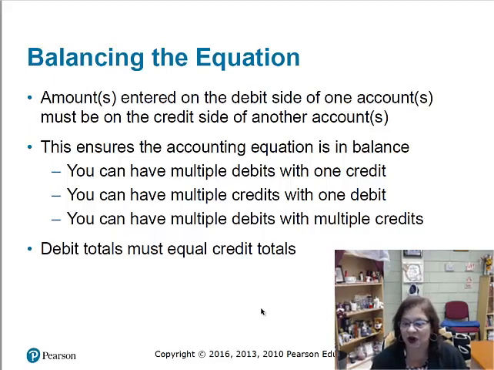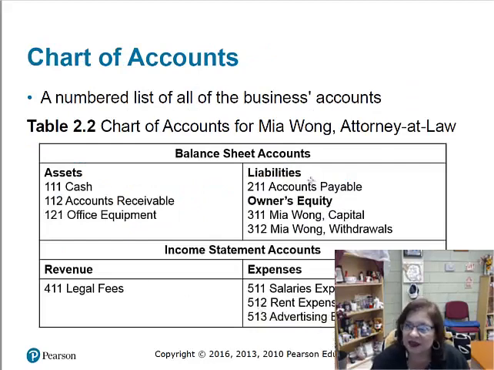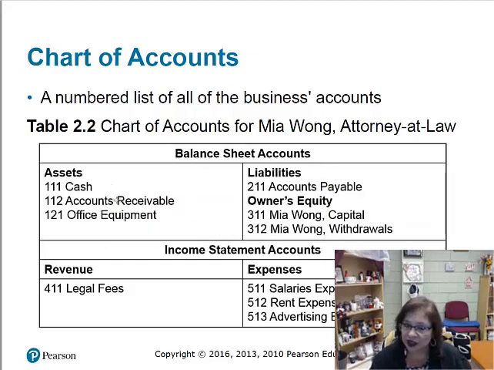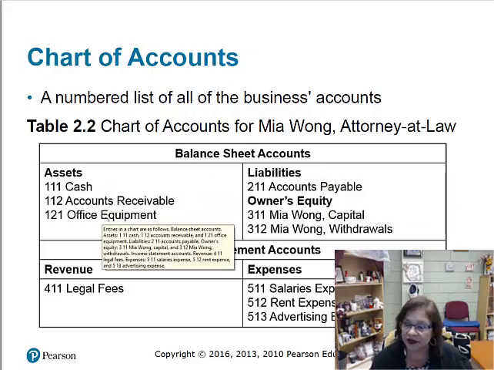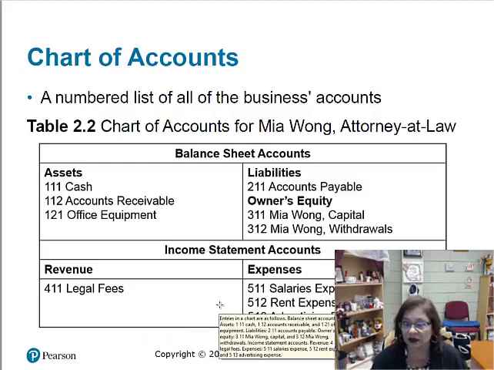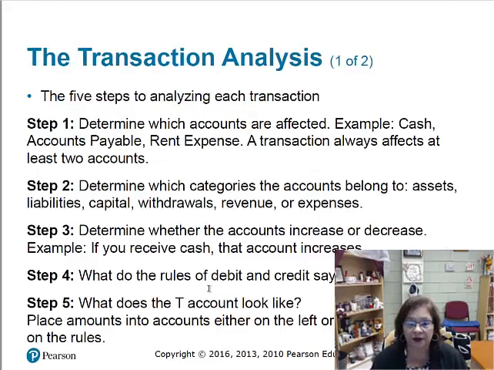Everything has to be balanced regardless. This is considered what is called a chart of accounts. For Mia Wong, remember her? She was from chapter 1. She had her cash account, accounts receivable, office equipment, accounts payable. She had her capital, her withdrawals, revenue that she got, and she paid some expenses, rent, and advertising, okay? We're going to see what she did there.